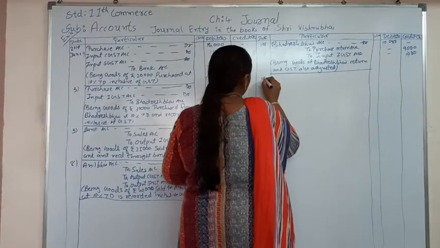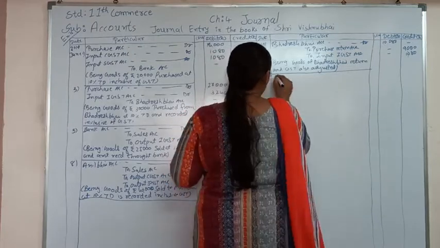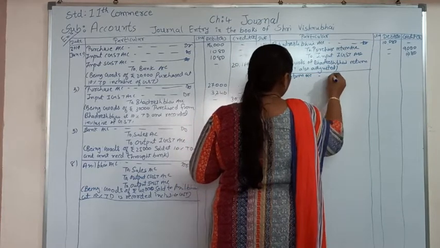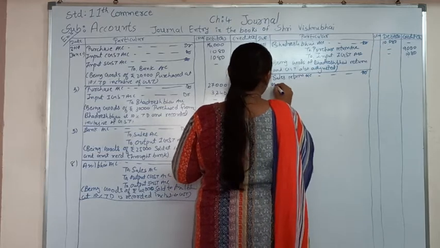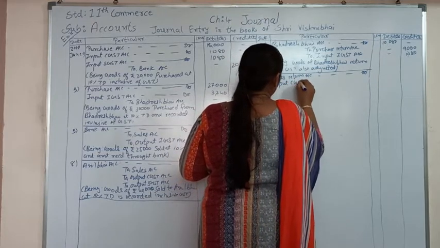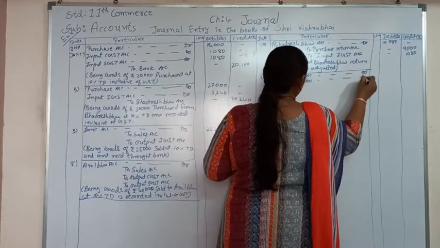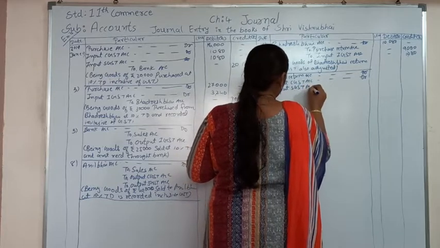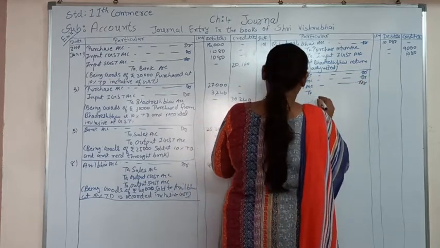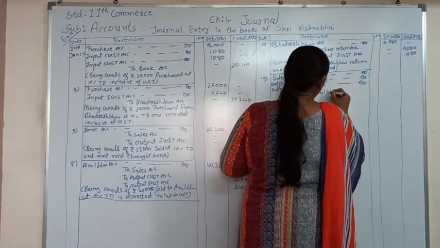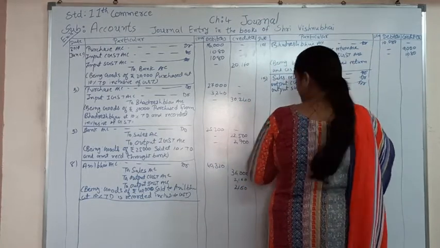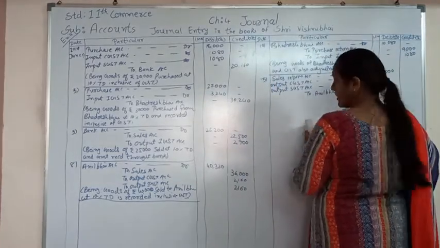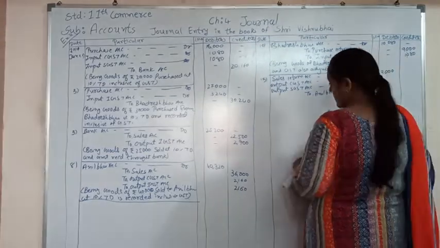So here sales return account debit, output CGST account debit, output SGST account debit, to Anil Bhai account. 1/4 of this will be 9,000, and again GST we are going to count 1/4 of 2,160.